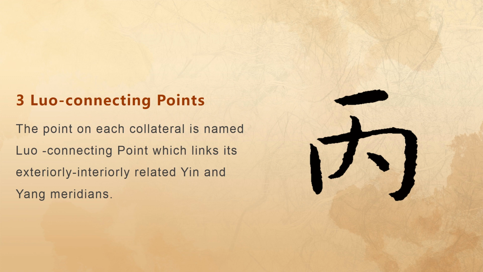Jiuwei, the Luo connecting point of the conception vessel, is situated in the abdomen region. Changqiang, the Luo connecting point of the governor vessel, is in the sacrococcygeal region. Dabao, the Luo connecting point of the major collateral of the spleen, is in the hypochondriac region. There are altogether 15 points, which are termed the 15 Luo connecting points.